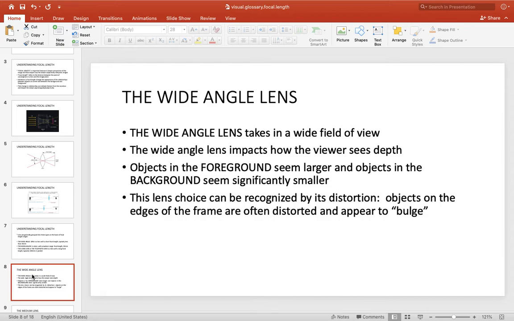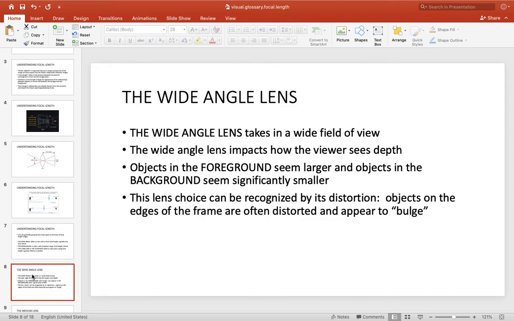Again, these lenses, the wide angle lens and the telephoto lens, are sometimes recognized through the appearance of distortion. In the case of the wide angle lens, not only is the depth maybe exaggerated, with the background seeming smaller, but the images on the edges of the frame, the left-hand side and the right-hand side, can be distorted and can appear bent if they are straight lines.